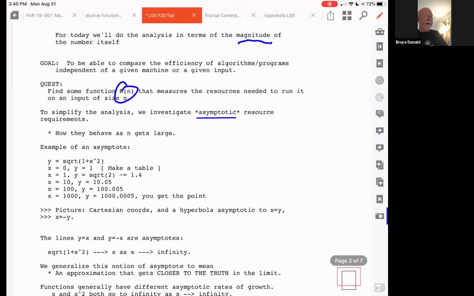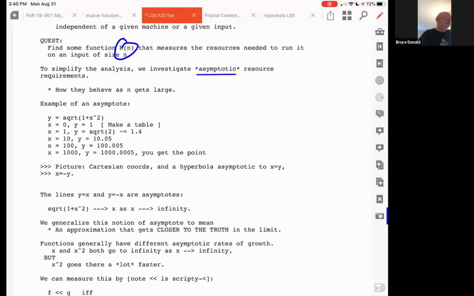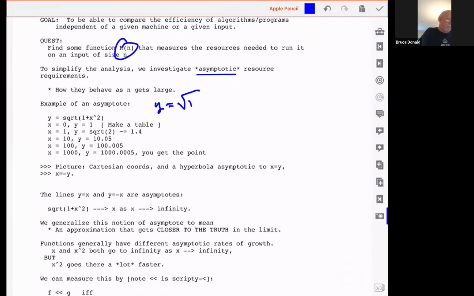So let's just recall what an asymptote is. Here's our little function: y equals the square root of 1 plus x squared. Nice little function from calculus or something.